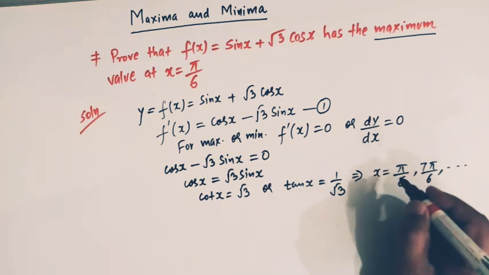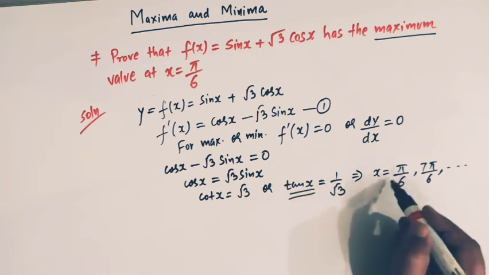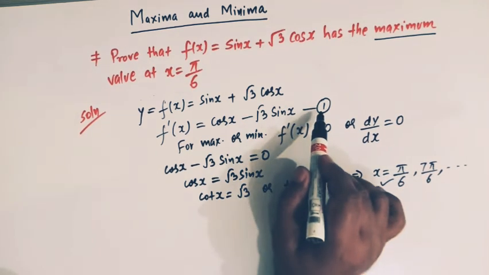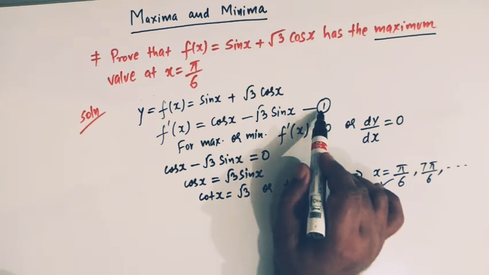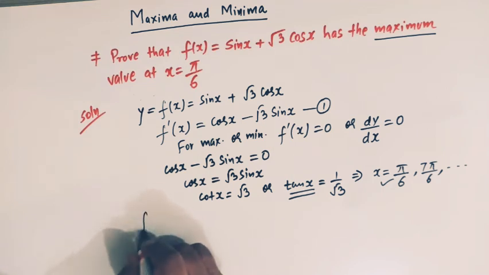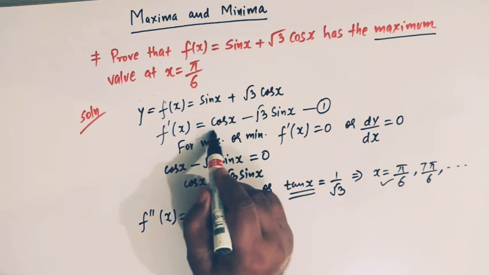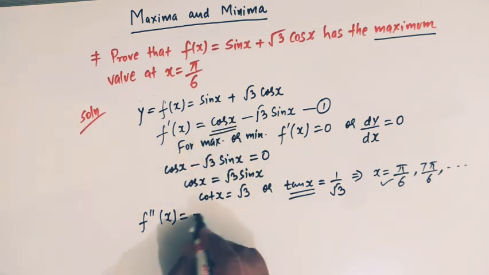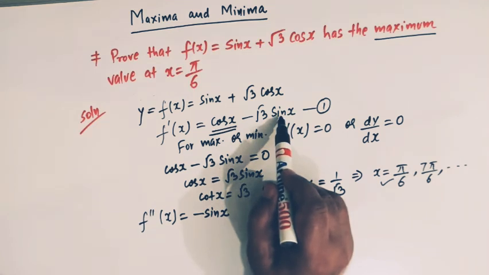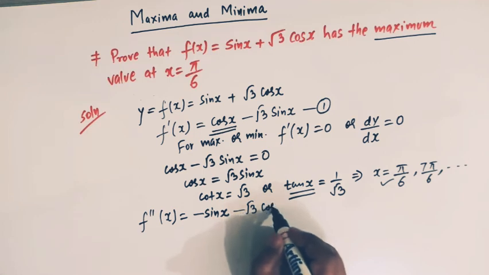So here the value of x is obtained as pi by 6, and now let us differentiate equation number 1 in order to get the second derivative. So f double prime of x is equal to the derivative of cos x is minus sin x, and the derivative of sin x is cos x. So we have minus root 3 cos x.